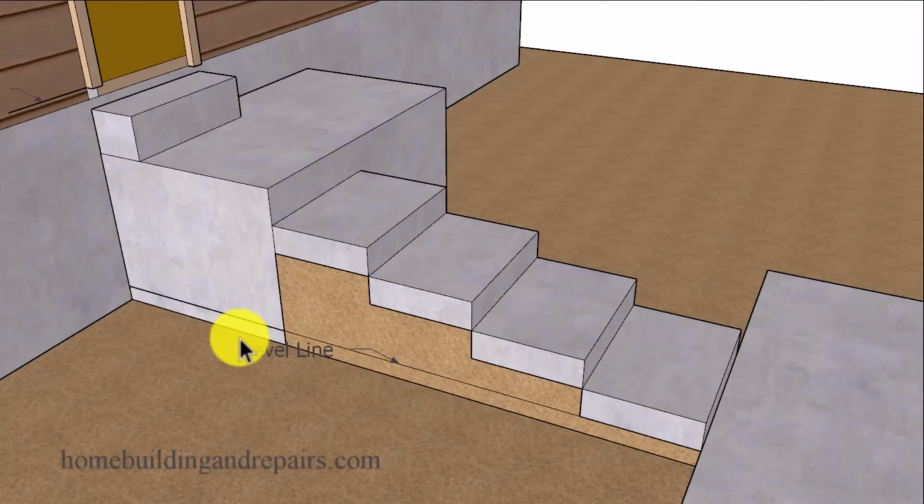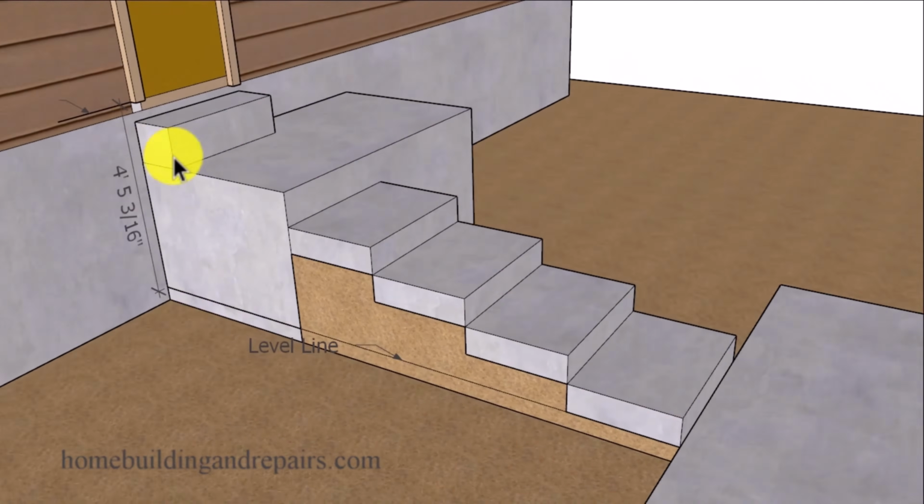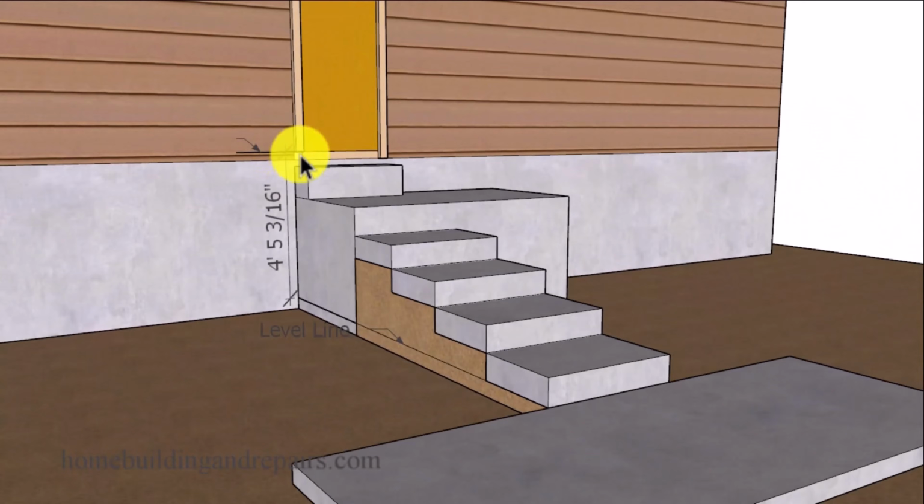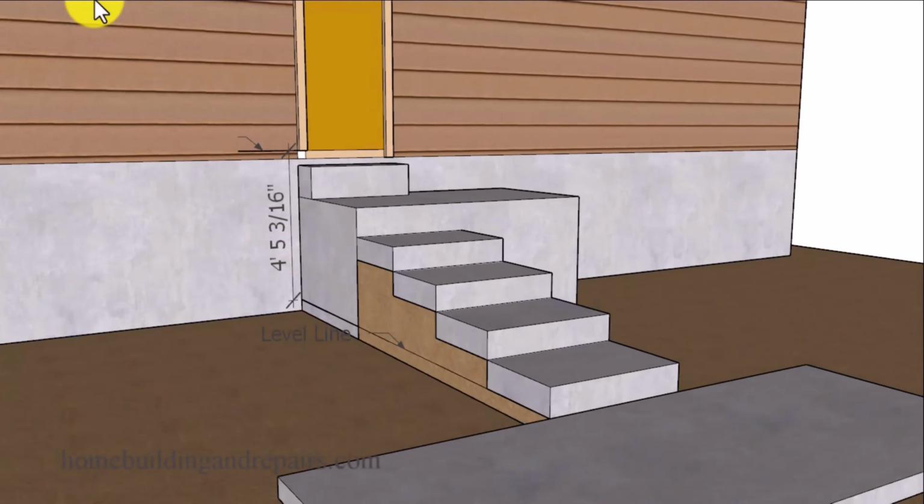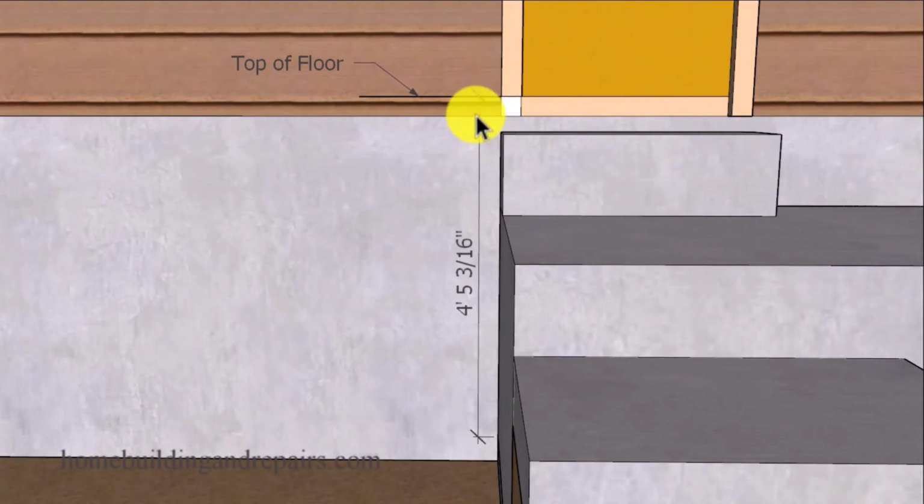So create a level line and simply measure up to the distance of the upper floor. And in our example here, we have 4'5" and 3/16 of an inch, a difference between the bottom and the top floor.